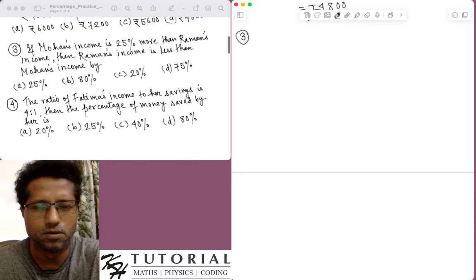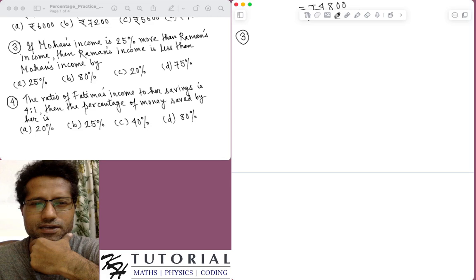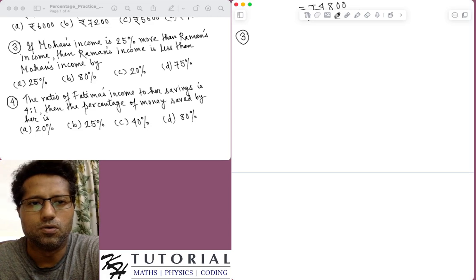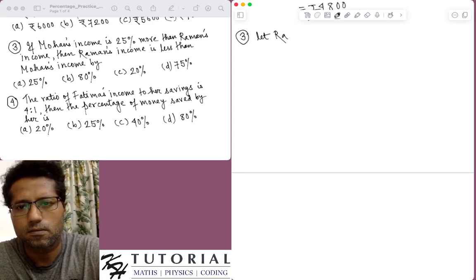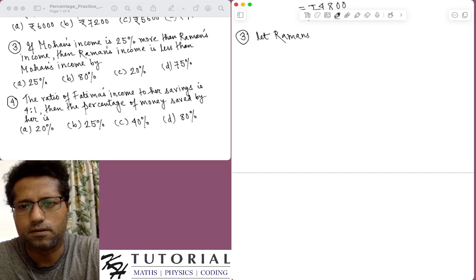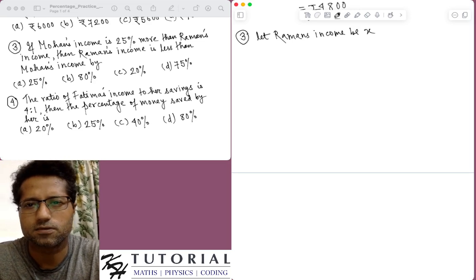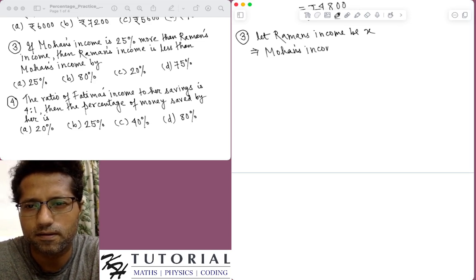It says that if Mohan's income is 25% more than Raman's income, then Raman's income is less than Mohan's income by. Let Raman's income be X. This implies that Mohan's income is 25% more than Raman's.